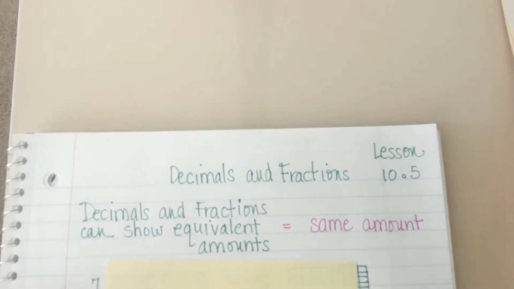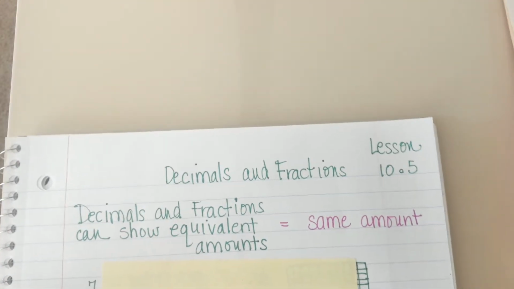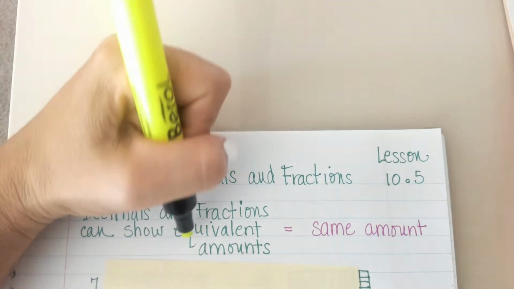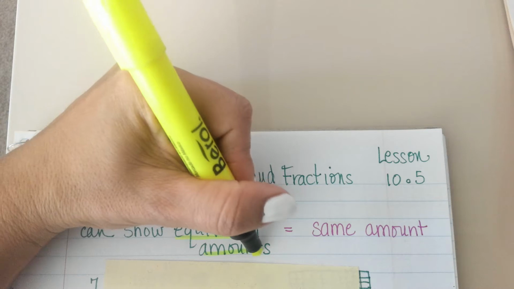Okay, you can write that down. Decimals and fractions can show equivalent amounts.